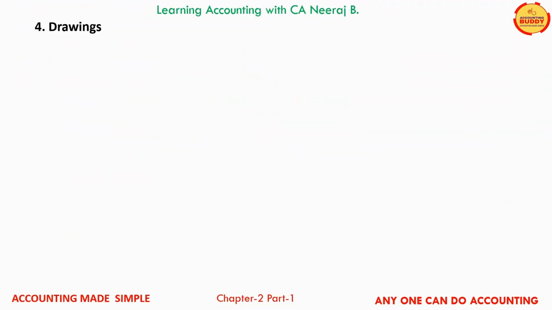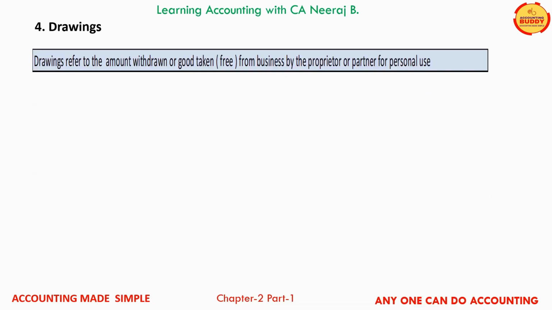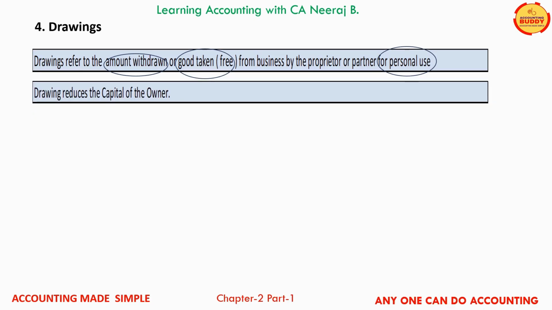The term number 4 which we are going to discuss now is the term drawings. The term drawings refers to the amount of money or the value of goods taken by the owners of the business for their personal use. Drawings in cash or kind reduces the capital of the owners.